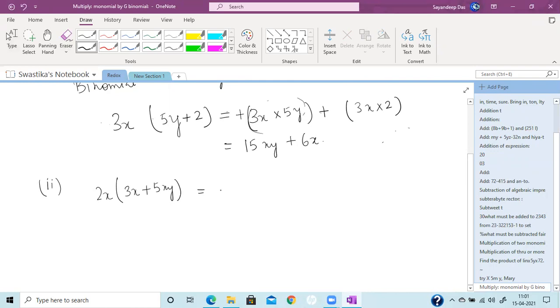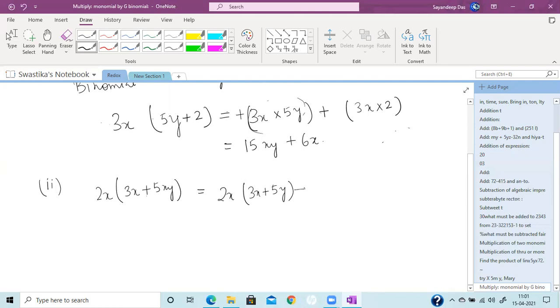Again, apply the distributive law, that is 2x into 3x plus 5y. Here also you see the signs are positive. 2 is plus, 3x plus 5y, this is also plus. That's why the sign is plus. Now see here, 2x is plus, then 5y is also plus. So plus into plus, both the signs.